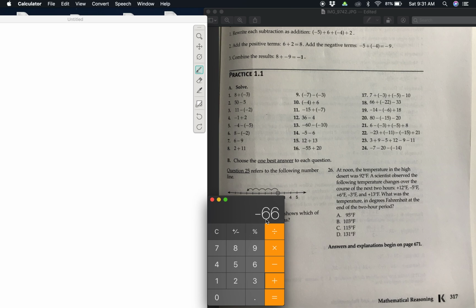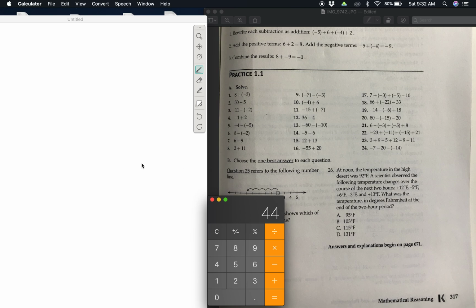See, the 66 is turning negative there. Let me see if there's a different way. So 66 plus, let's say, 22 negative. Okay, there you go. It's 44.